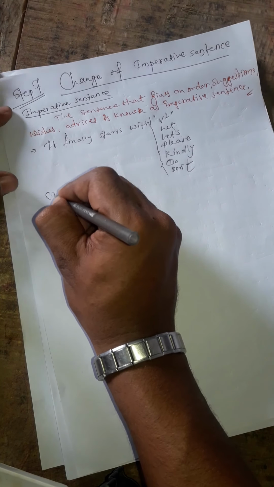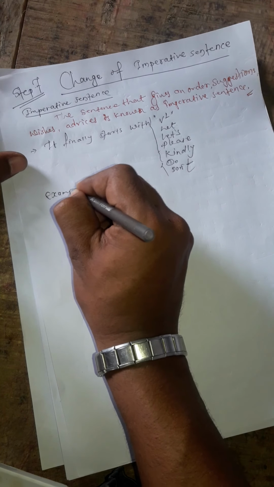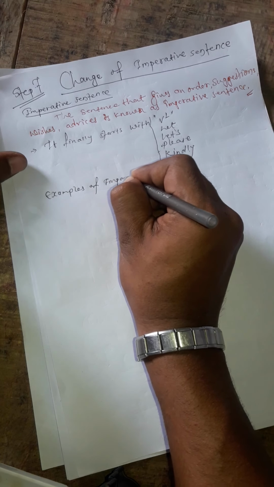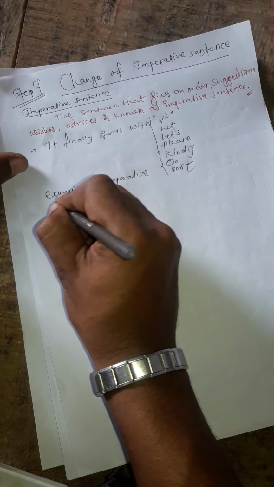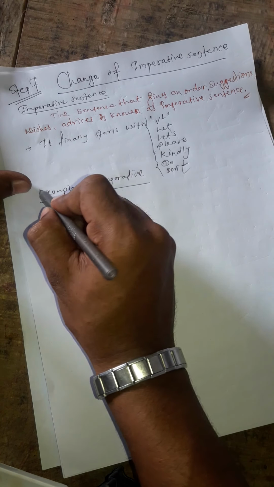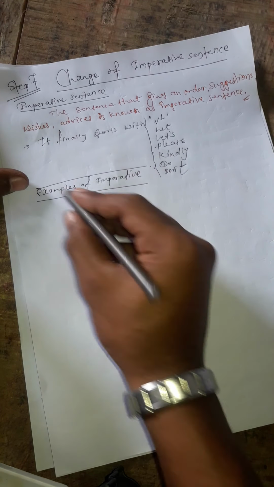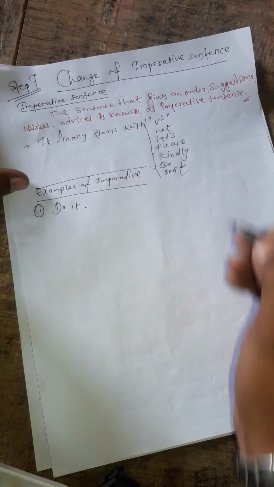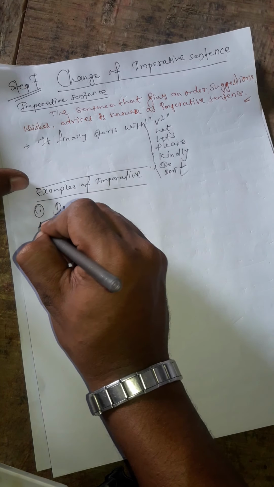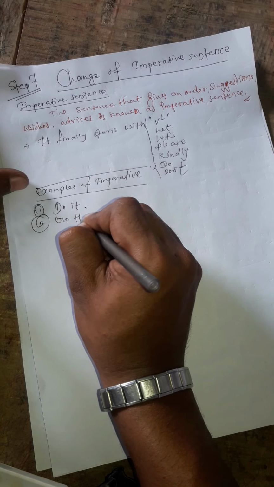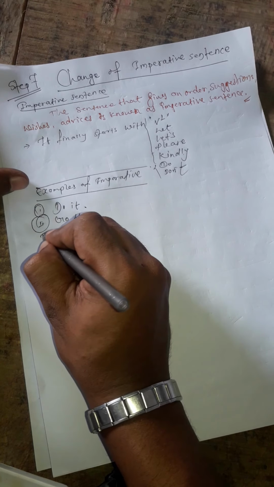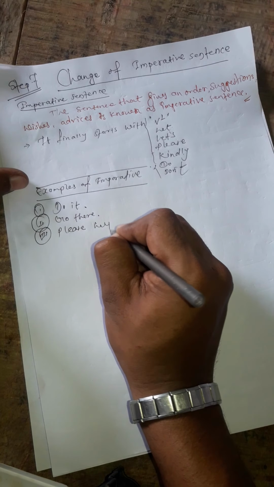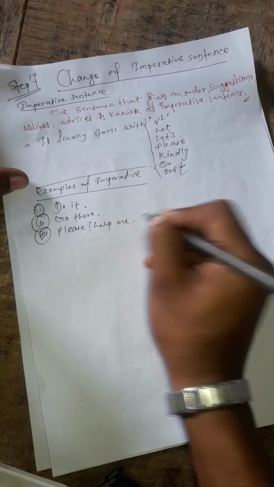As you know, examples of imperative: Do it. It is an imperative sentence. Go there. Imperative sentence. Please help me.